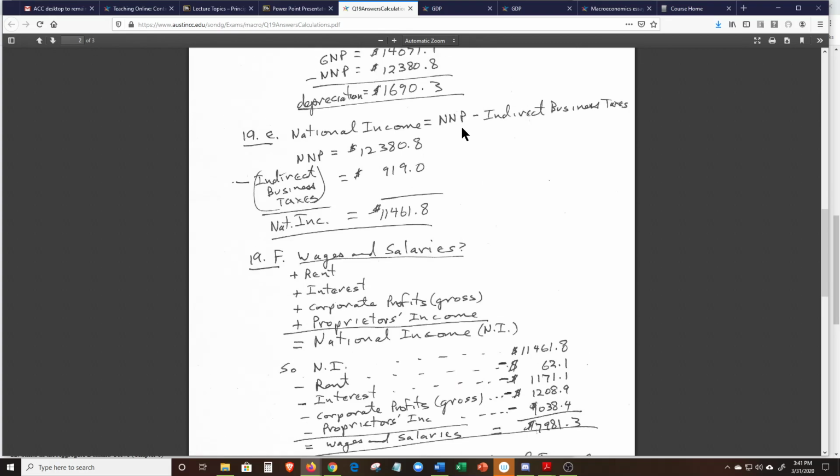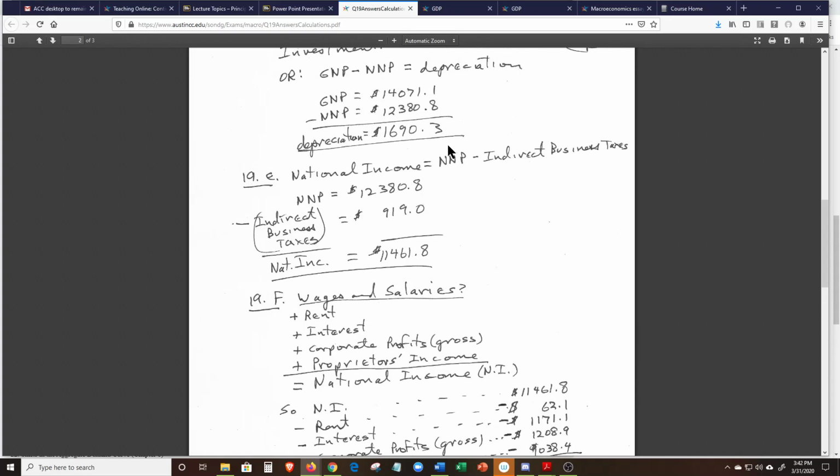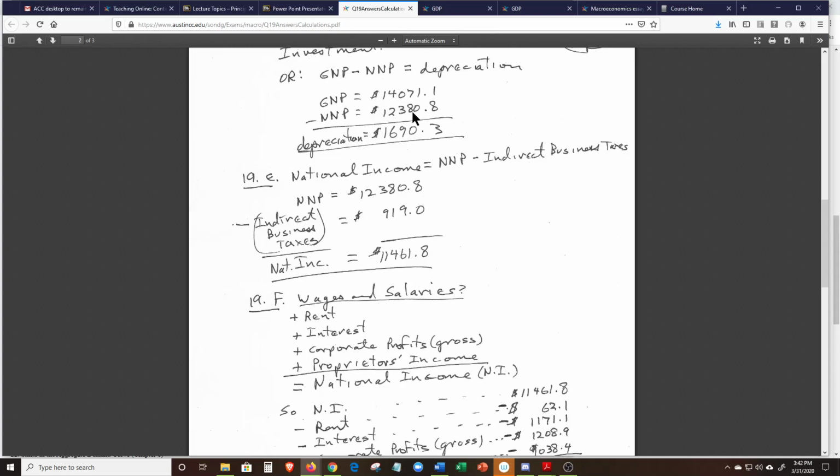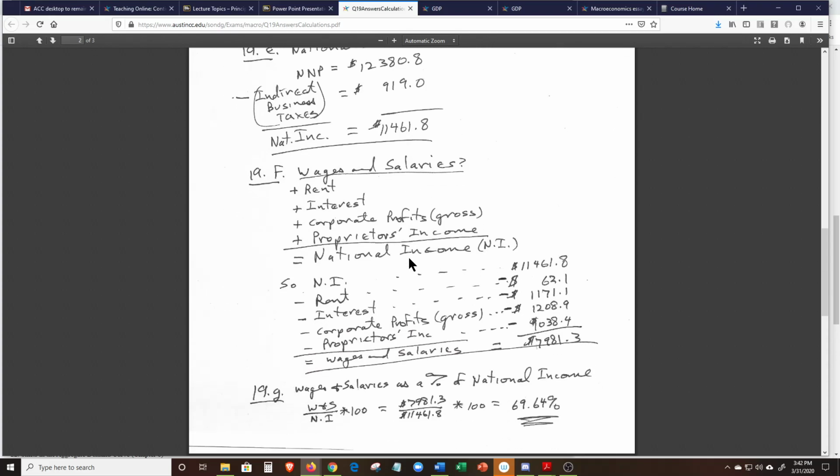National income equals net national product minus indirect business taxes. And we know that net national product equals 122380.8. That was given. And we know what indirect business taxes were, so we can calculate national income. We know that this is part of the income approach, but we aren't given wages and salaries.